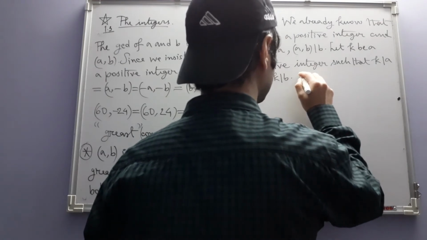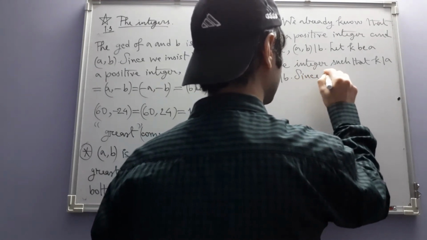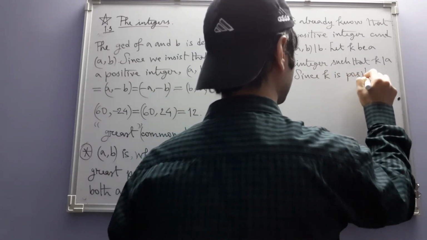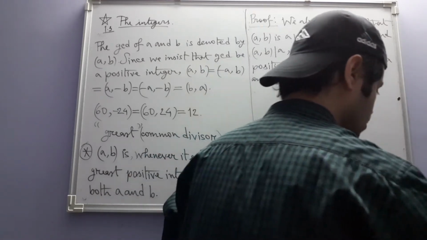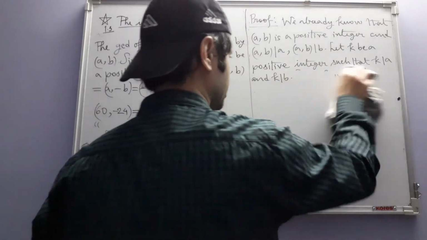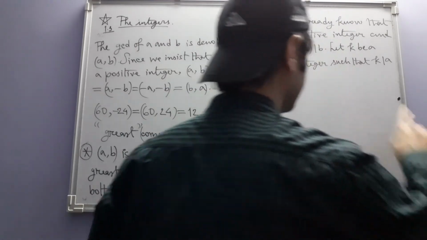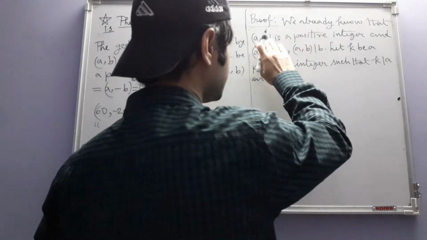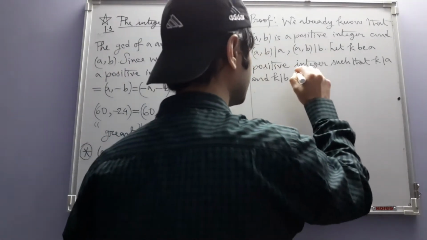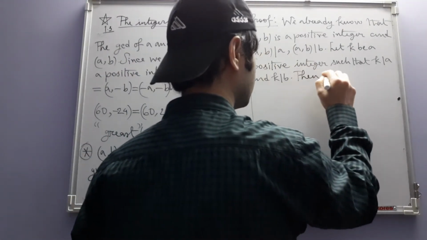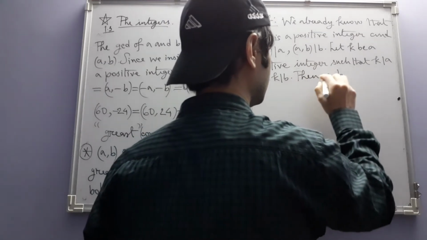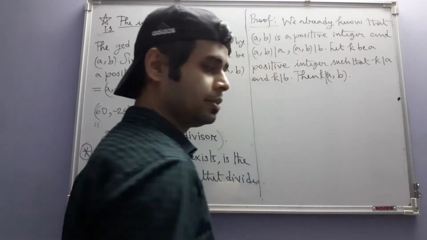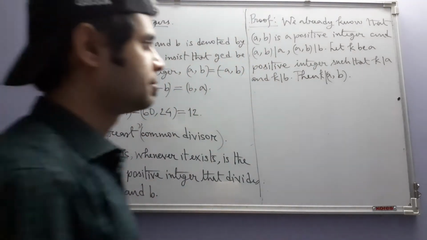Now K is a common divisor of A and B, so by the second property of GCD, K will divide the GCD, right?